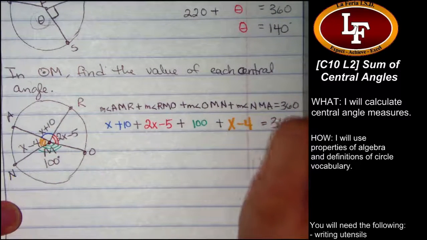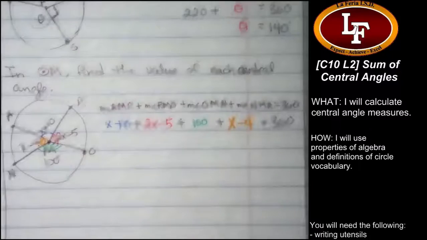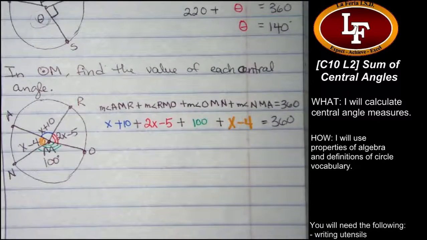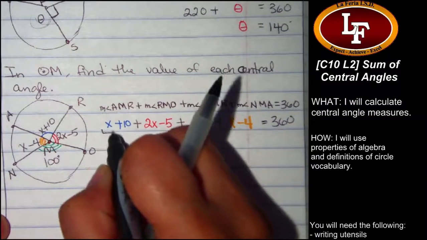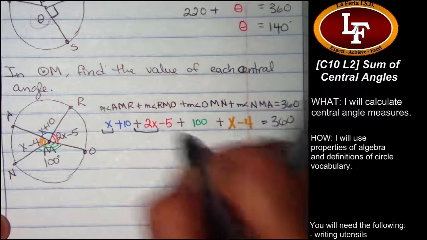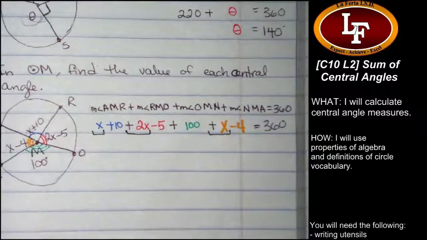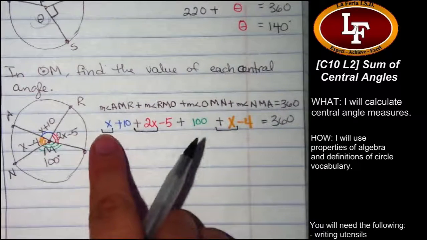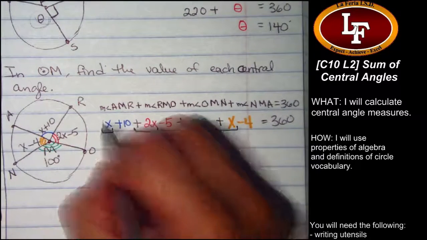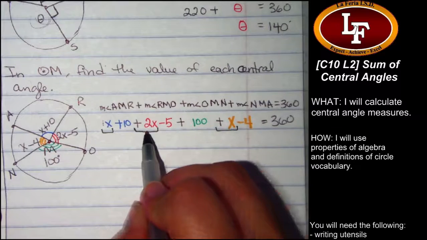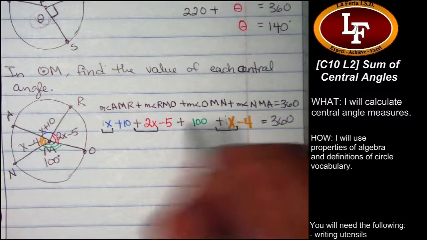All right, and now I can do some algebra. I'm going to do some combining of like terms. I've got this x and these x's and this x over here. So combining those all together, I have 1 coefficient plus 2 is 3, plus 1 more is 4.